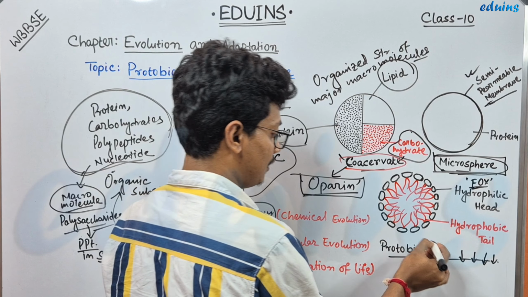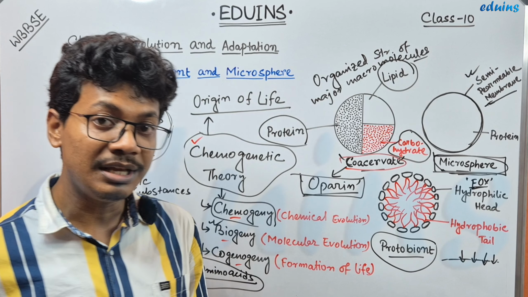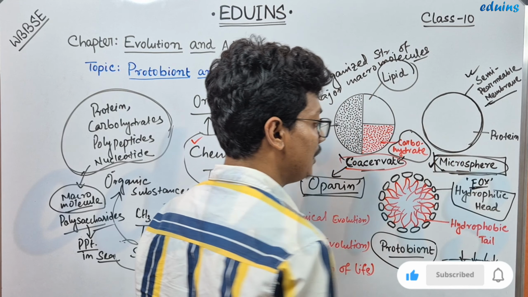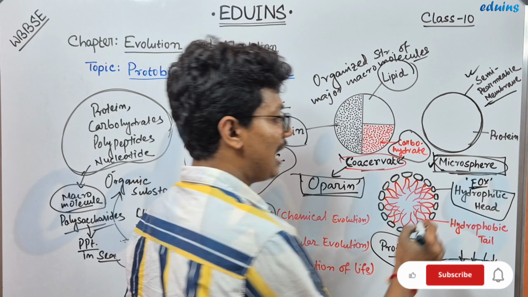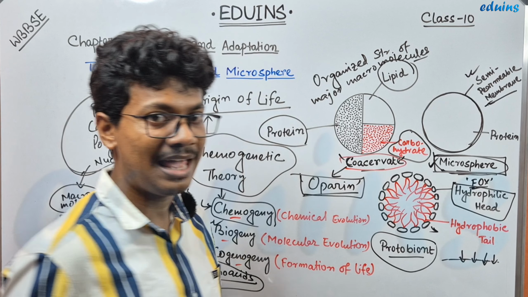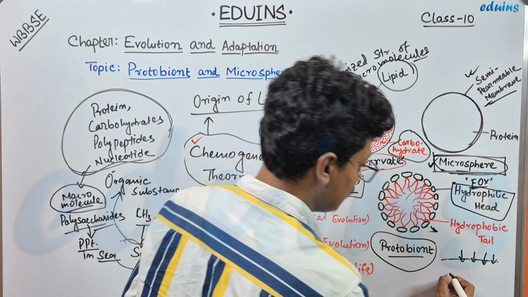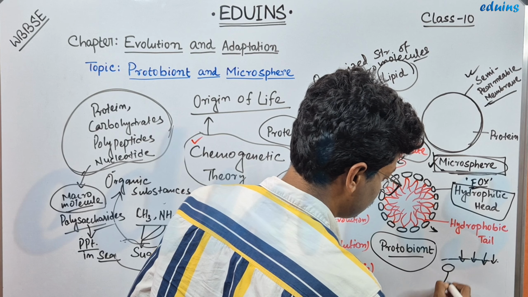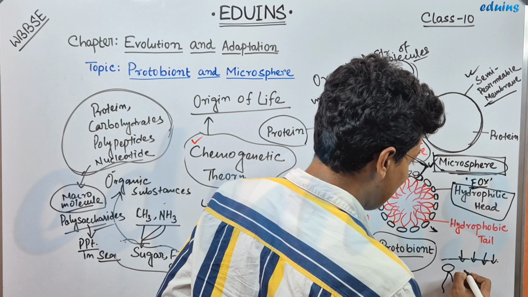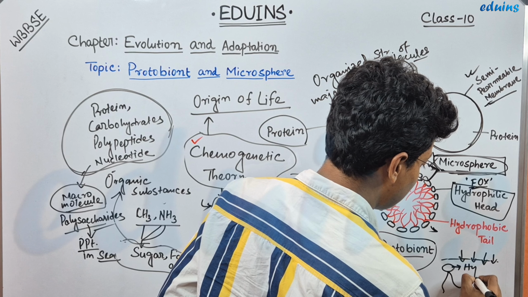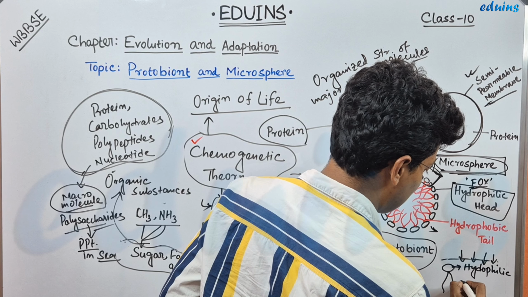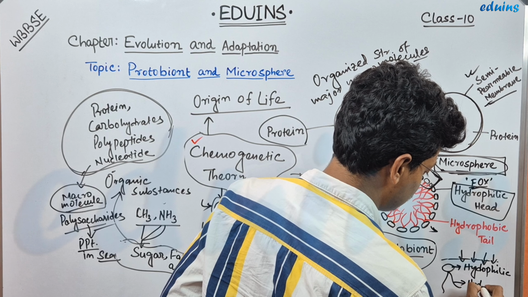Next, the protobiont. The protobiont is actually the structure of this microsphere, which is surrounded by a protein and fat-like structure. Look here, they have one head and one tail. The heads are hydrophilic in nature and the tails are hydrophobic in nature.